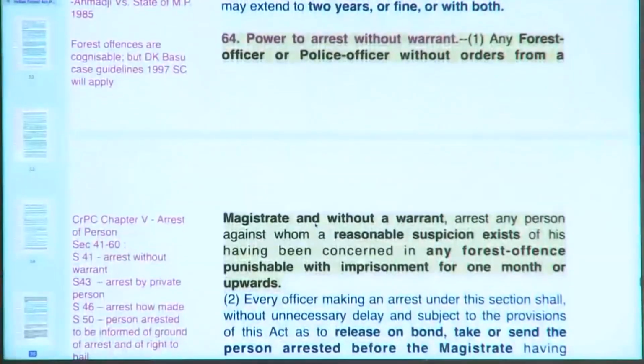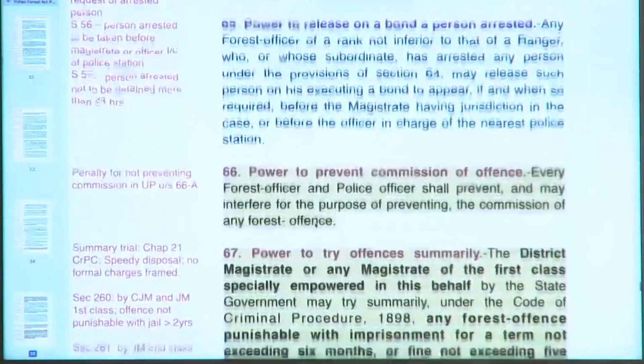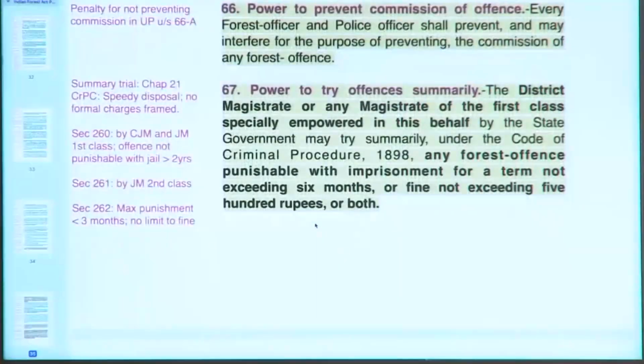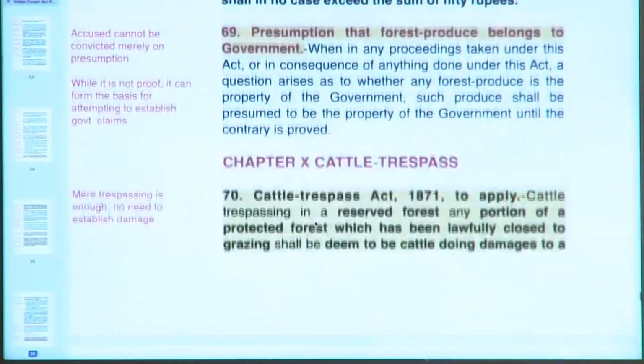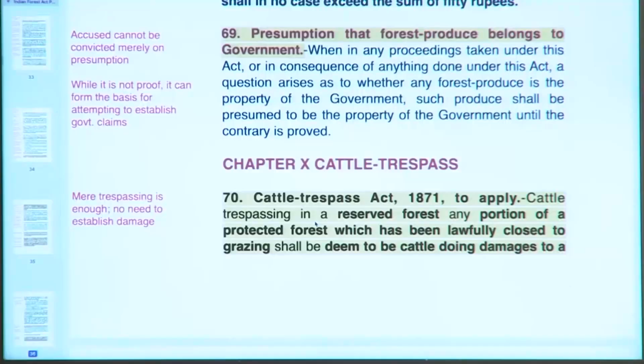Then we have the power to arrest without warrant. So, everything is cognizable, and there is power to prevent commission of offence, power to try offences summarily, and power to compound the offences. There is a presumption that all the forest produce belongs to the government.